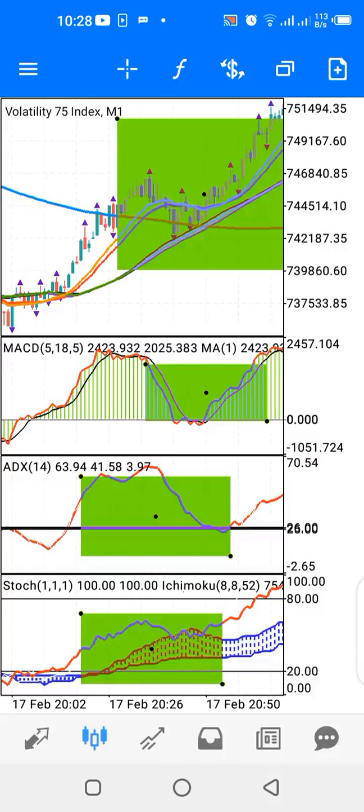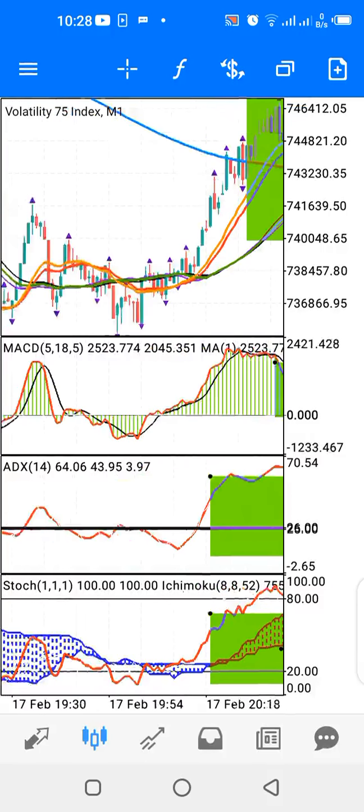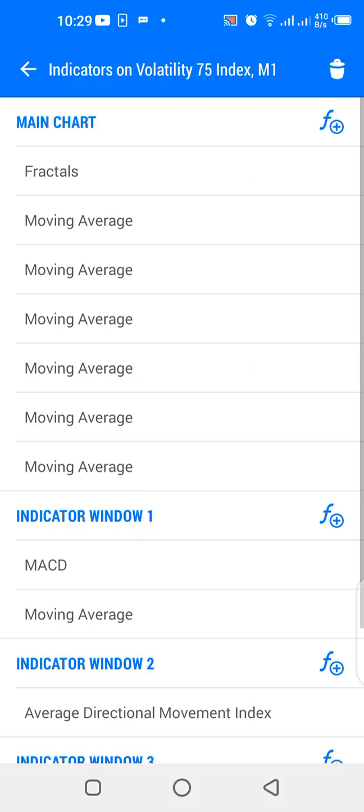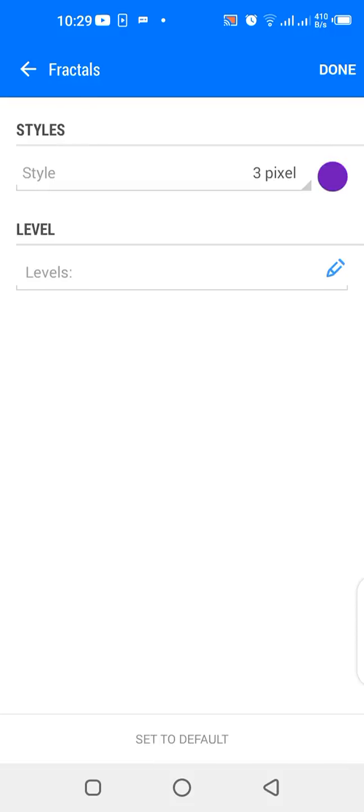Now, the way this strategy works is on the main window. Let's take a look at the settings first. I have fractals. Fractals is for identifying the point of price rejection. When the fractal arrow points upwards, that indicates that price is rejected at the top and price may fall or drop.